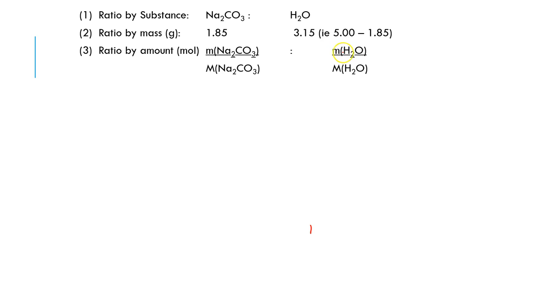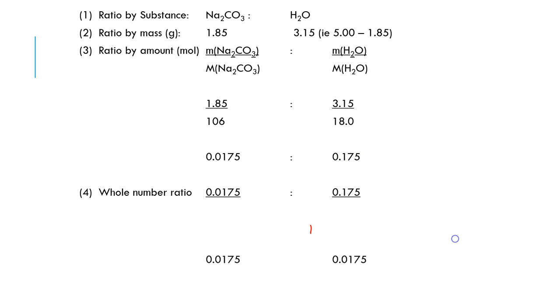We follow exactly the same process as what we did for percentage composition to empirical formula. We take our mass of water and divide by the molar mass of H2O, and our mass of Na2CO3 divide by its molar mass, and that will give me the mole of each, okay. And as you can see, I have 0.0175 and 0.175. So when we divide by the smallest, that's a factor of 10 different.